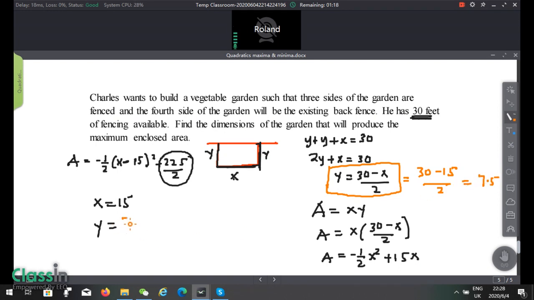So y will be 7.5. So the dimensions, they say find the dimensions. The dimension is x by y. So it is 15 feet, because x is 15, by y, which is 7.5 feet.